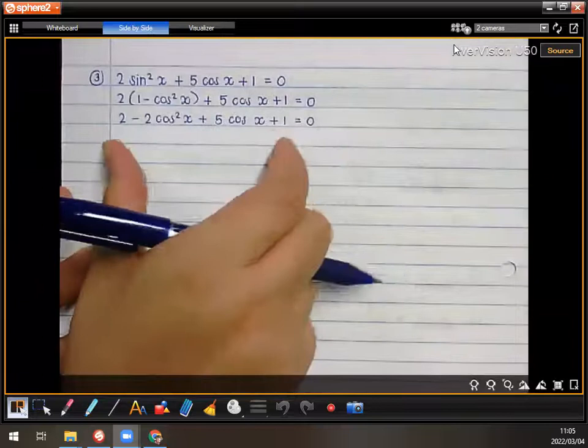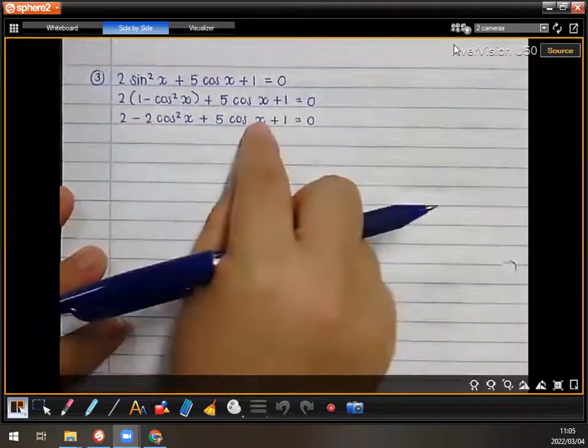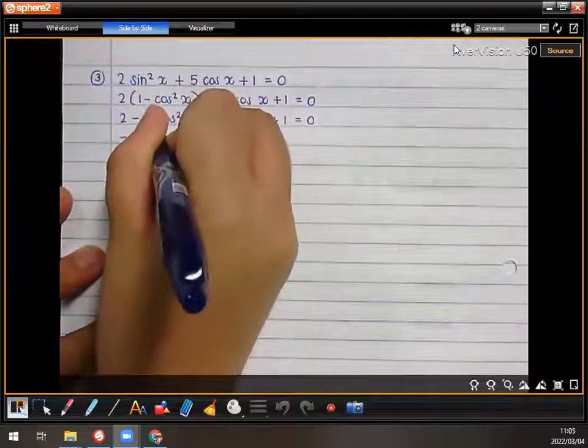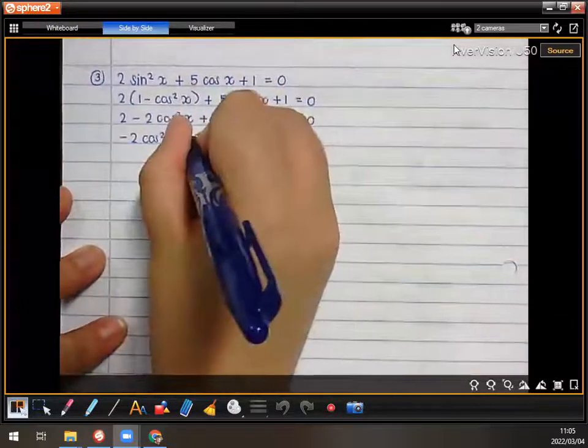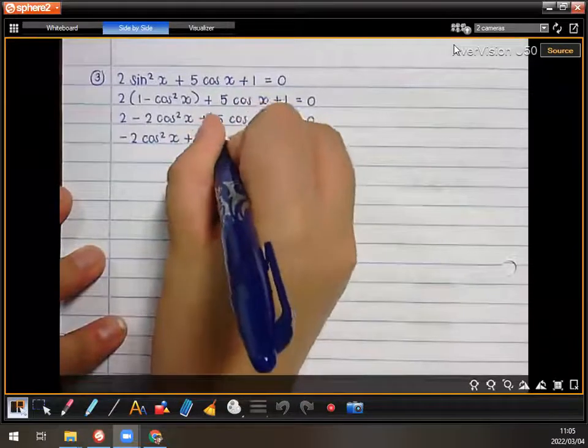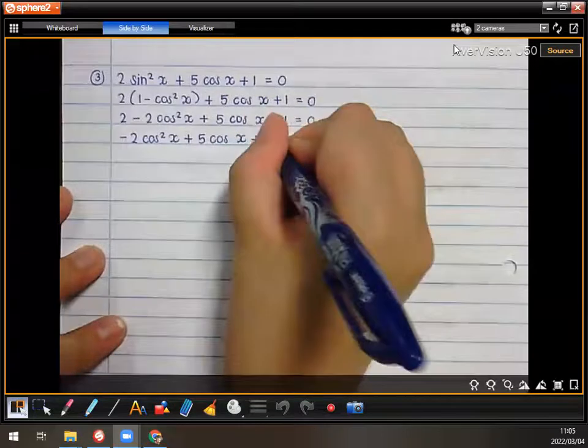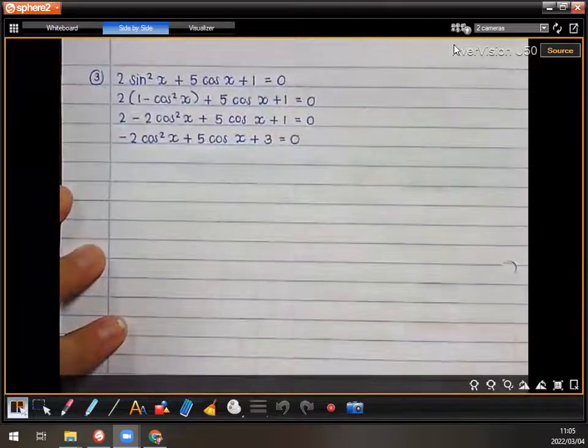Now I'm just going to add like terms, 2 and 1, and write it in the correct order. So I have a negative 2 cos squared x, plus 5 cos x, and then 2 plus 1 is 3, and that is equal to 0.